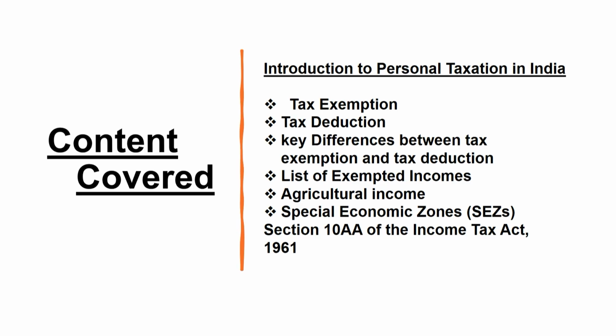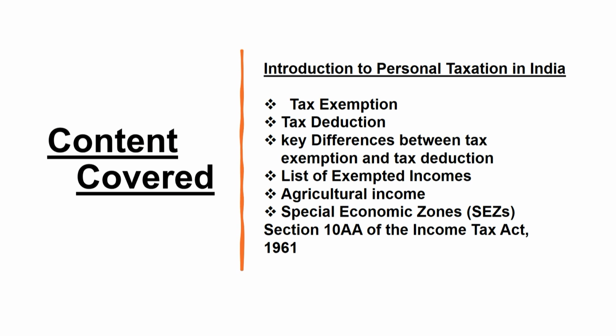So in today's lecture, we'll discuss the different types of tax exemptions, tax deductions, and the key differences between the terms tax exemption and tax deduction. Many times, many individuals understand both concepts as synonymous, but both are different from each other.